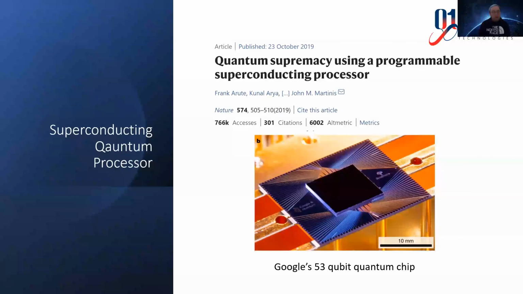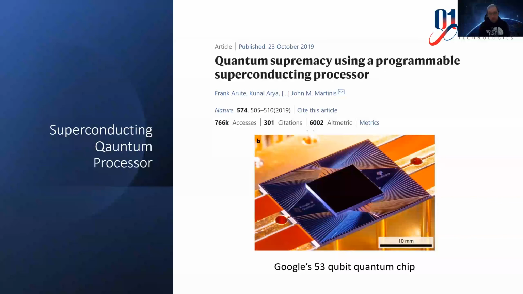Now we're going to talk about capabilities of superconducting quantum processors and also a little bit about quantum supremacy. Quantum supremacy happens when a quantum computer can carry out a task beyond the means of today's state-of-the-art classical supercomputers. The first quantum processor which proved quantum supremacy was made by researchers at Google.